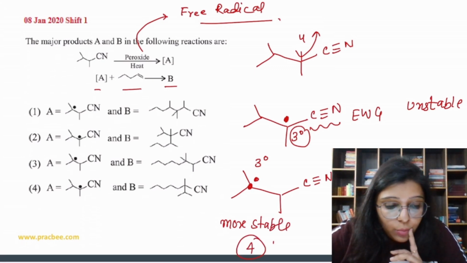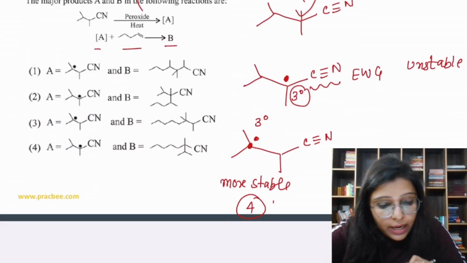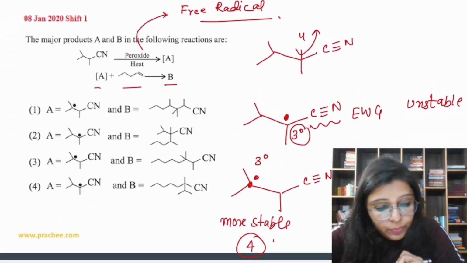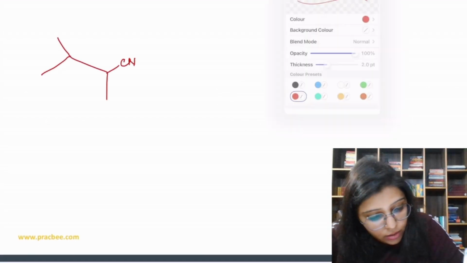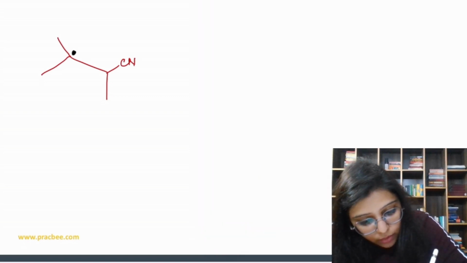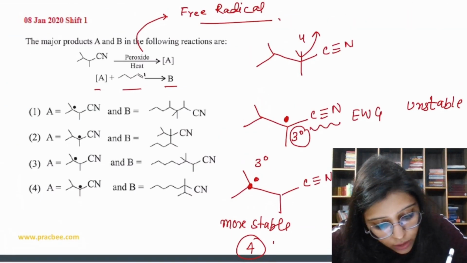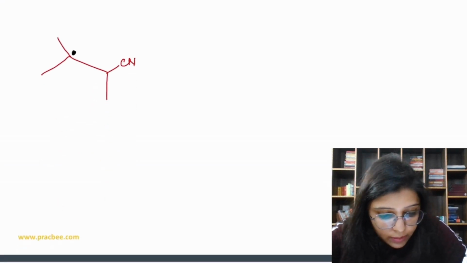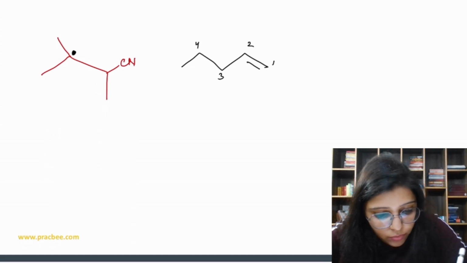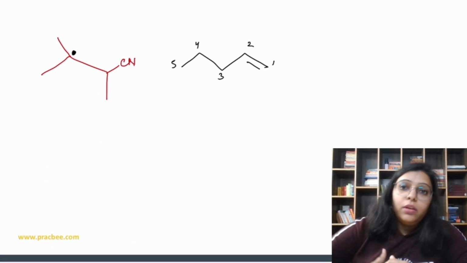Okay, now what happens, we have to react this free radical with this alkene. So let me write this down. This is CN, and we have the free radical over here, and we have the alkene, 1, 2, 3, 4, 5, pentene. Okay.